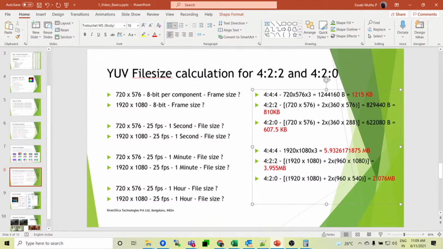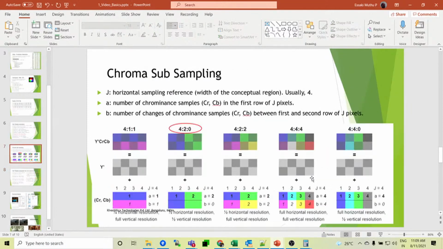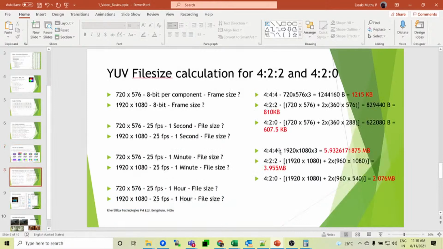The people who are in industry will say 444, 422, 420, like that. There are many other chroma subsampling, not only these three. There are many: 411, 440, 400. All such varieties are available in industry.